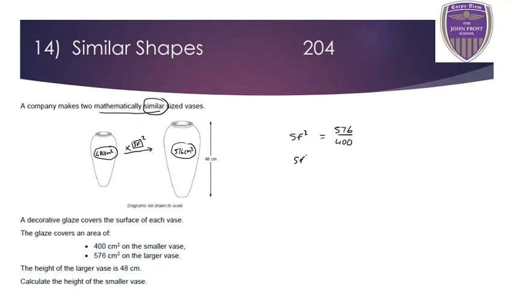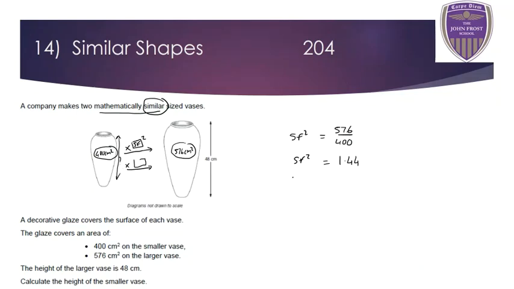Okay, so the scale factor squared is going to be equal to 1.44. So that's the area scale factor. So we multiply 400 by 1.44 to get to 576. But I want to know what the linear scale factor is that will map my height onto this height.